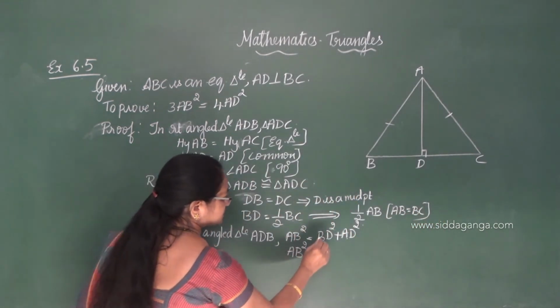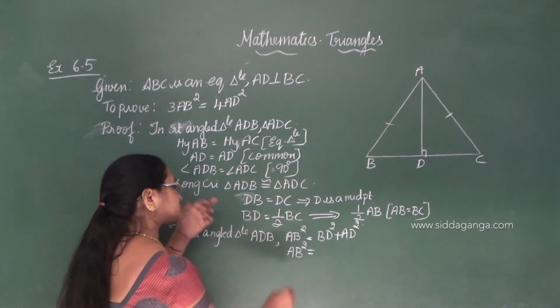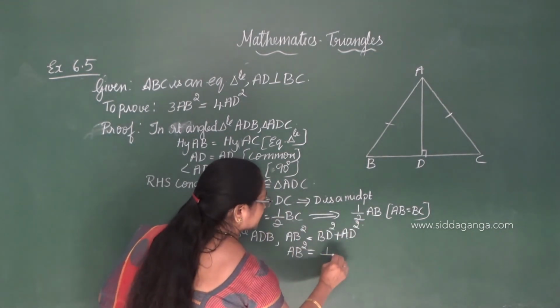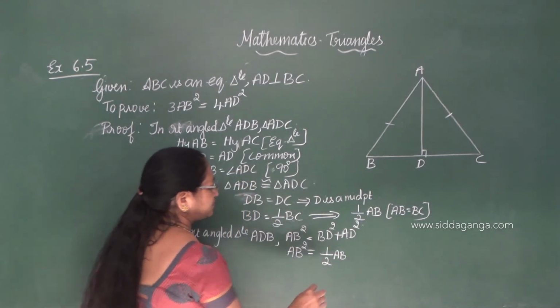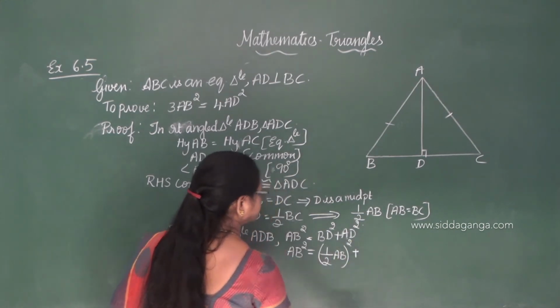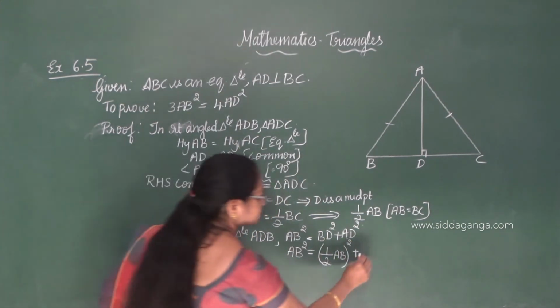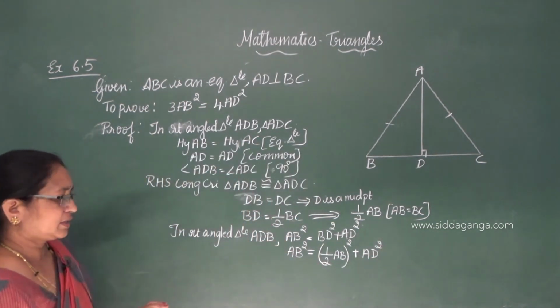So AB square is equal to BD square. Instead of BD square, I will write half AB whole square plus AD square. Okay, I will continue here.